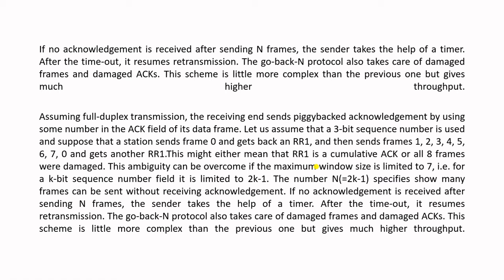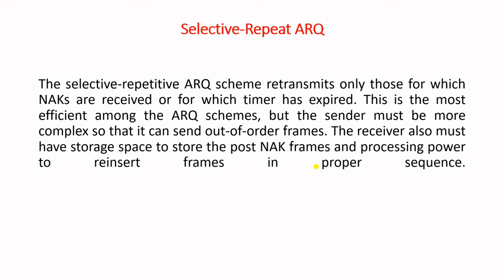So in this way it works. The Go Back N protocol also takes care of damaged frames and damaged acknowledgements. This scheme is a little more complex than the previous one, but it gives higher throughput, as already told you.